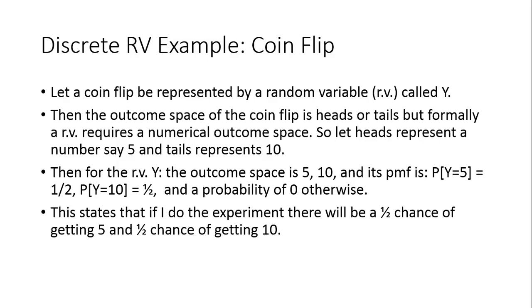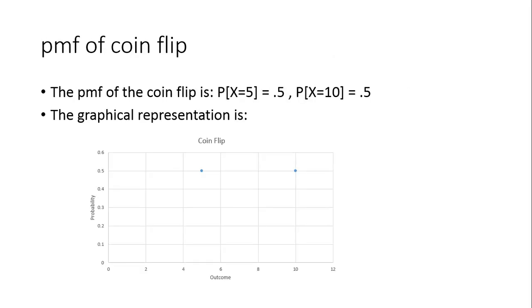So this states that if I do the experiment and flip the coin, there's a half chance that I'll get a 5, which is heads in this case, and a half chance that I'll get a 10. Graphically, how would you graph this coin flip?